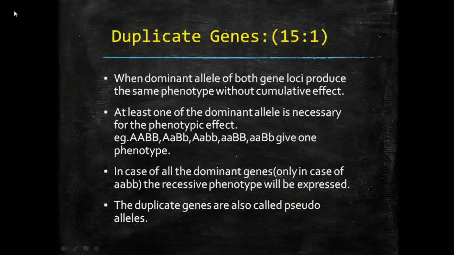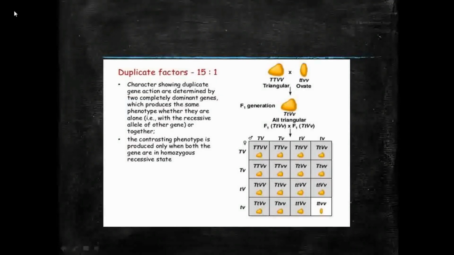Let's understand how this ratio 15:1 comes. To understand this, we will see the Punnett square, and we will take one example, the fruit shape of Capsella bursa-pastoris. Let's see how the cross occurs.